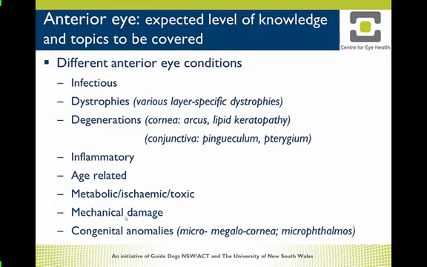You can have mechanical damage, or some congenital anomaly that the patient is born with. Now, often these congenital anomalies could be innocuous, or they could lead to some type of degeneration.